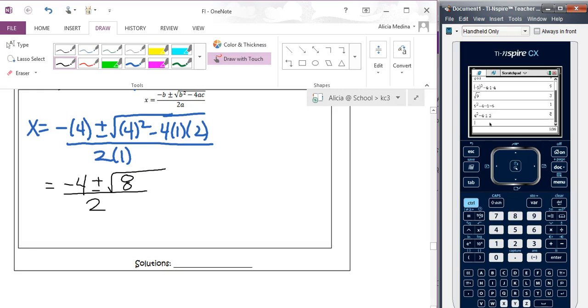Now if we check this, the square root of 8, I get a decimal. So that is not a perfect square, but I can still simplify this by simplifying the radical.